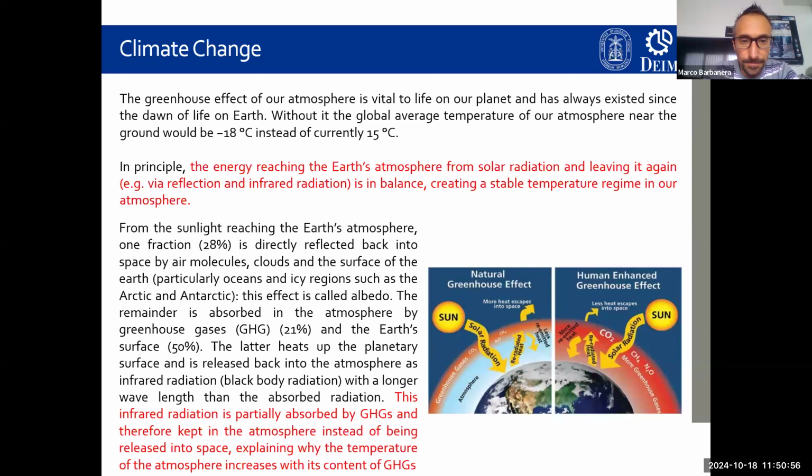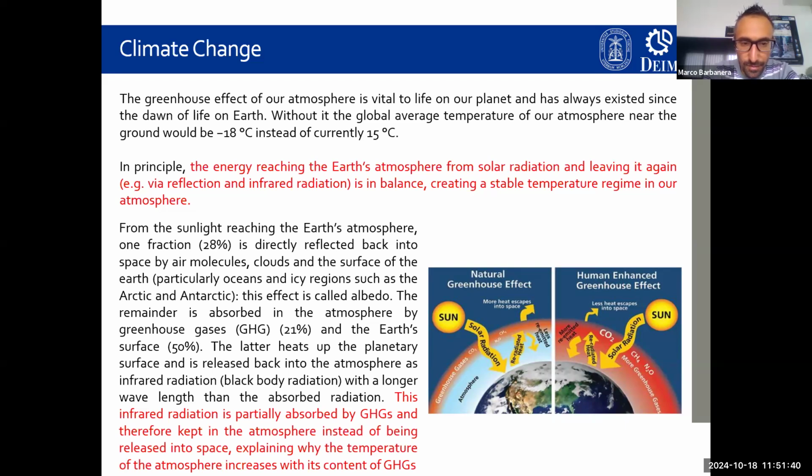In fact, the main problem is that these gases can create a modification of the balance of the energy reaching the Earth's atmosphere from solar radiation and leaving it again from the Earth. This is the main problem.